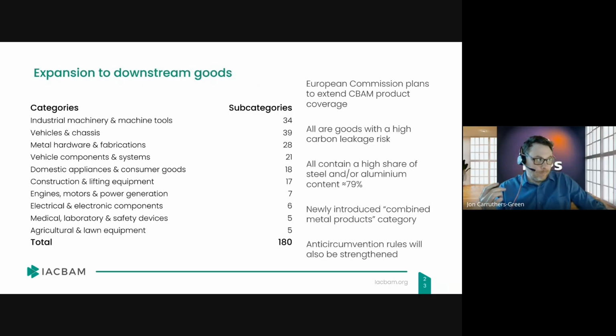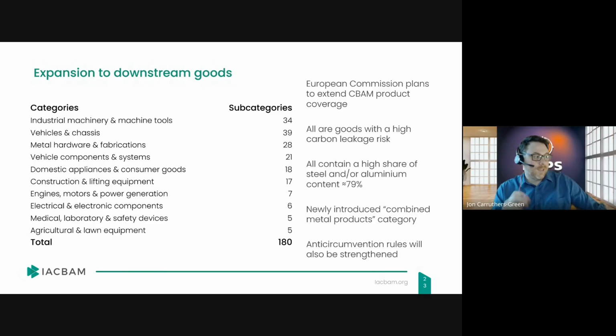So, I said I'd very briefly mention it, the expansion to downstream goods. This was a proposal that was included within the documents shared in December. And the reason for mentioning this is because the vast majority of these products here are iron and steel derivative products.